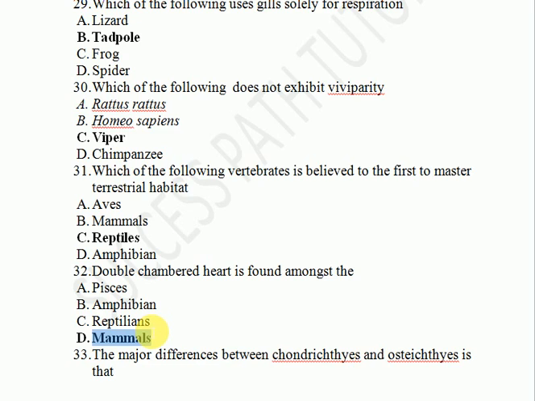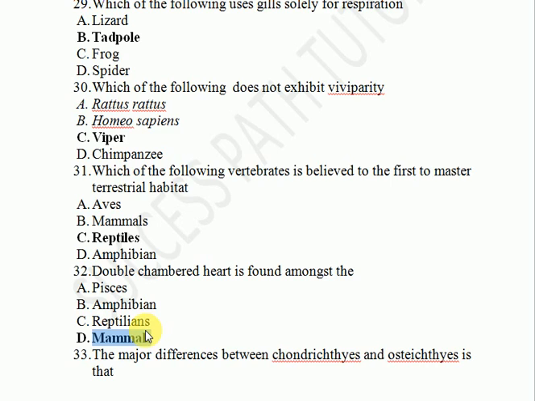On the right, one auricle up, one ventricle down. Alright, and that is divided into two by a septum. So that is what we call double chambered. In the case of reptiles, they also have auricles up and ventricles down, but it is not totally divided.